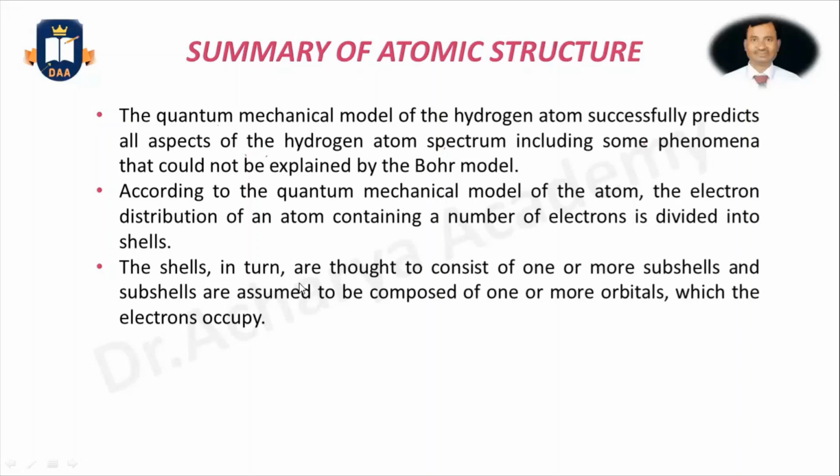The shells in turn are thought to consist of one or more subshells, and subshells are assumed to be composed of one or more orbitals which electrons can occupy. That means the principal quantum number describes the shell, the shell consists of a number of subshells, and each subshell has a number of orbitals where electrons can be occupied.